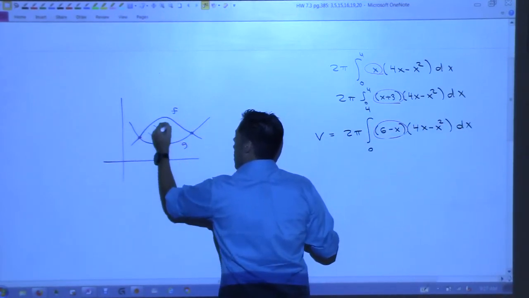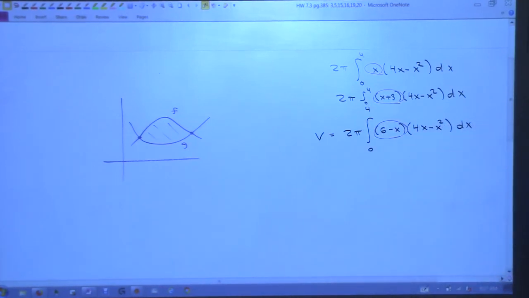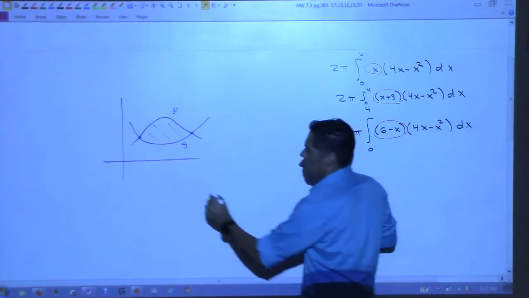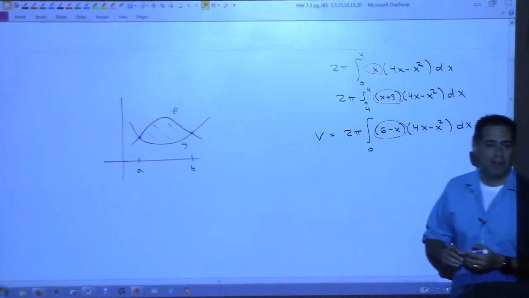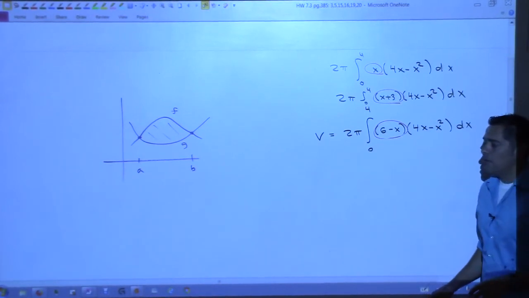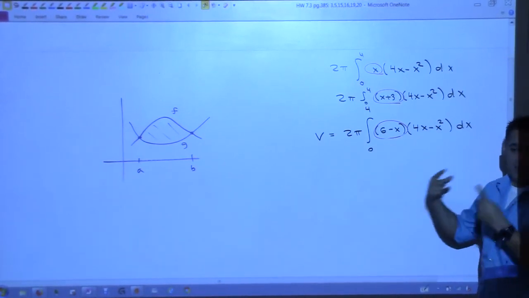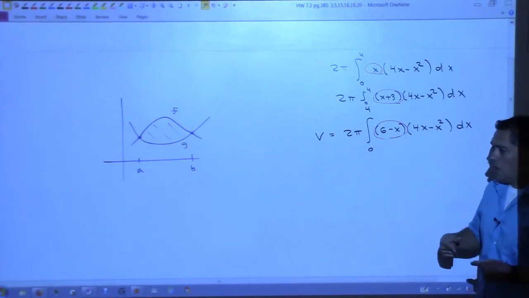So here's your region. There's a couple things I could ask you. I could ask you for the area, right? So the area would just be integral A to B of the top minus the bottom, done, right? Okay, I could ask you to rotate this around the x-axis, which you would want to use which method? Washers, right?